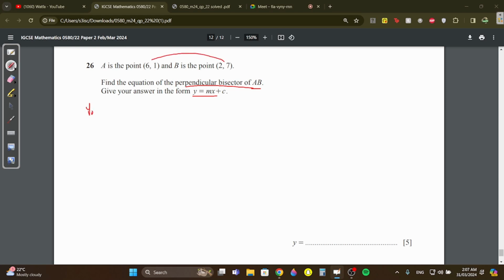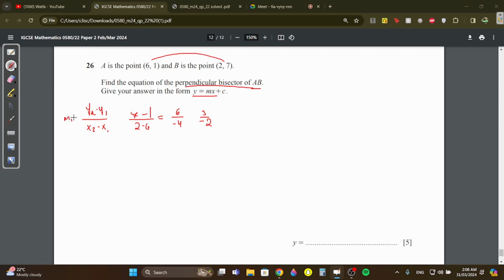So it's going to be y2 minus y1 over x2 minus x1. So 7 minus 1 over 2 minus 6, which is 6 over negative 4, which if you simplify is 3 over negative 2. That's your slope for the normal line.